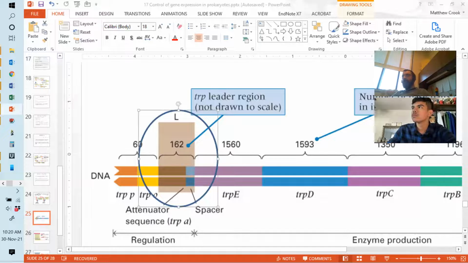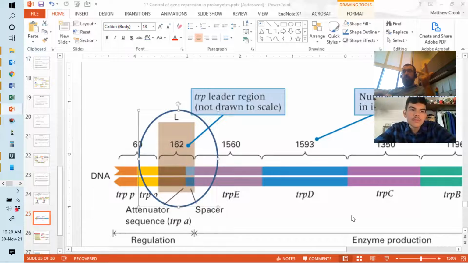Okay, so the leader region is the first bit of mRNA made, right? That mRNA has two different conformations, one which is pro-transcription, one which is anti-transcription, right? Remember, we haven't transcribed the structural genes yet, okay?